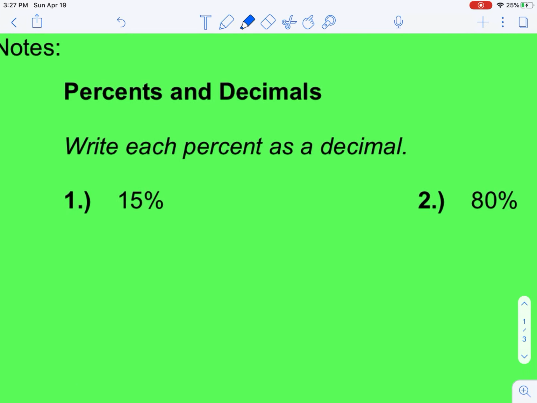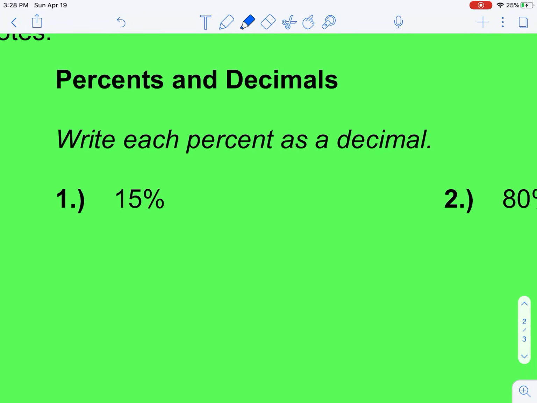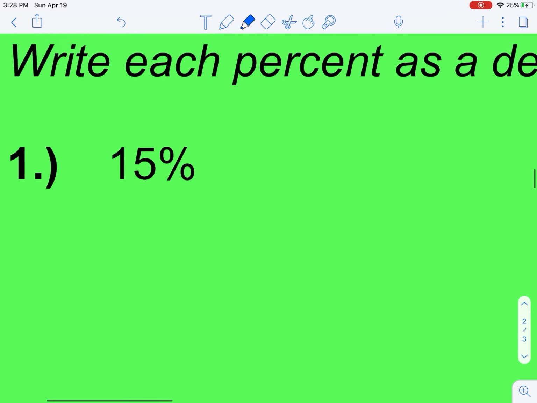So percents and decimals. I'm going to write each percent as a decimal. So number 1, I have 15%. So if we follow our triangle, I actually go from percent to fraction first. So I'm going to do the exact same thing I did yesterday, and I'm going to take my percent here, and I'm going to write 15 on the top, and then if you remember, it's always the same number in the denominator, and that's 100.